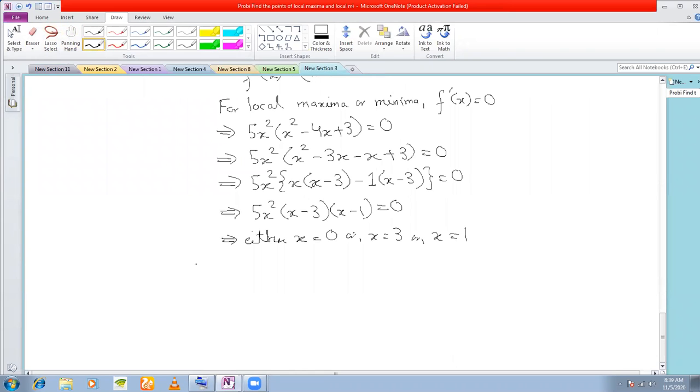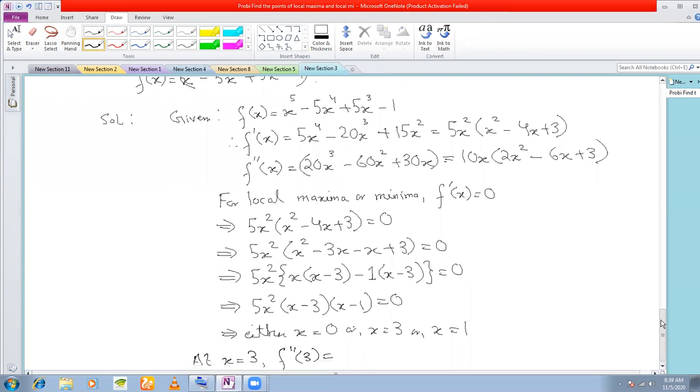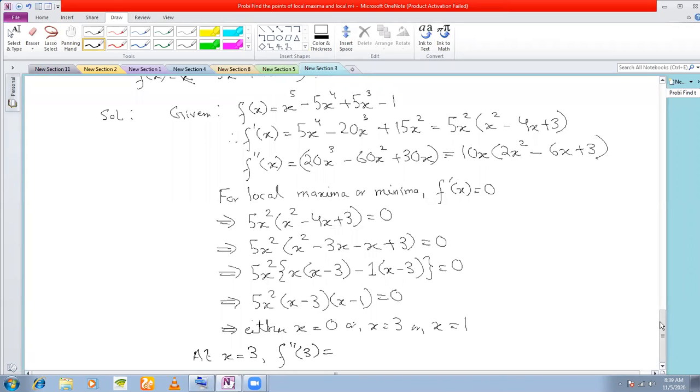At x is equal to 3, what is the sign of f double dash x? What is the value of f double dash 3? You put it in the function. F double dash 3 is 10 into 3 into 2 into 3 square minus 6 into 3 plus 3.